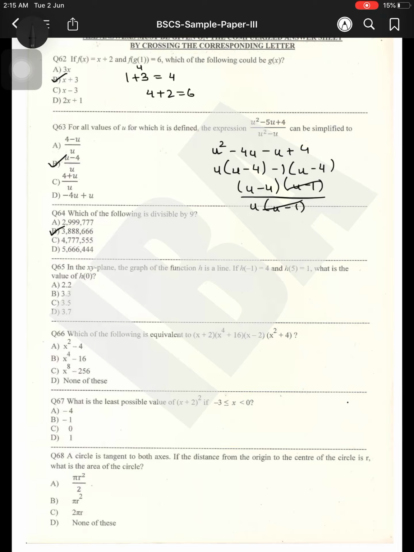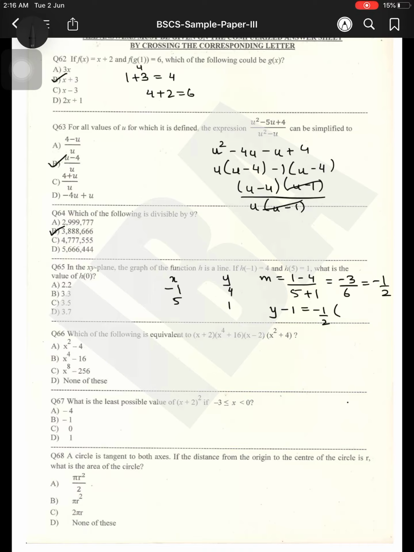Next question, he said what is the value of h, function of h, which is 0. Okay, so we're gonna make x column and y column. Minus 1, 4, 5, 1. Find out the gradient. 1 minus 4, 5 plus 1, minus 3 upon 6, which is minus 1 upon 2.